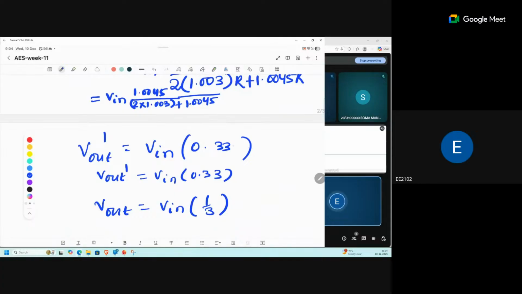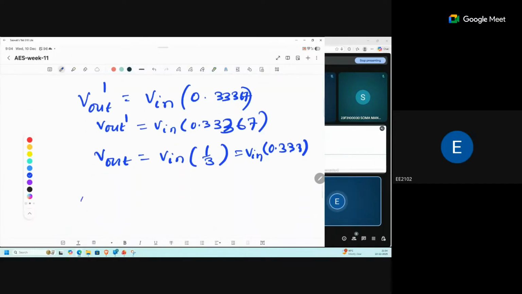It is giving 0.33367, you can take. Then 1 over 3 will give 0.33333. This is nothing but V in times 0.333 like this, right?